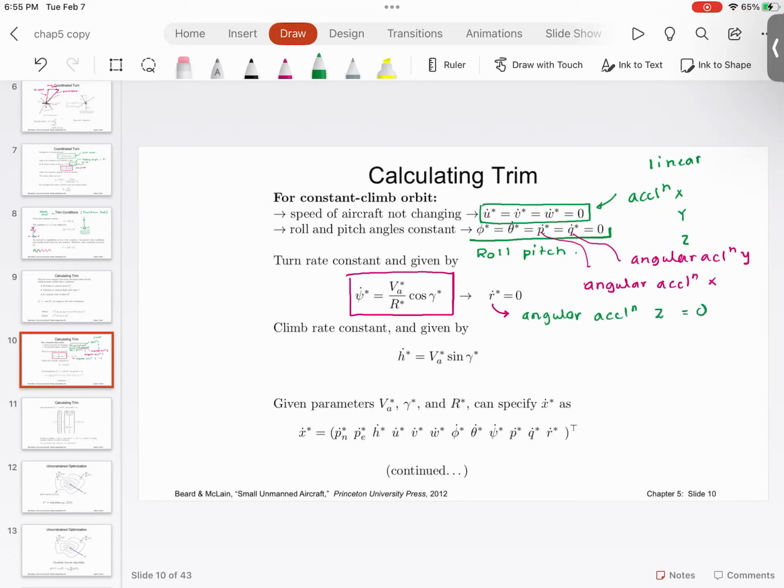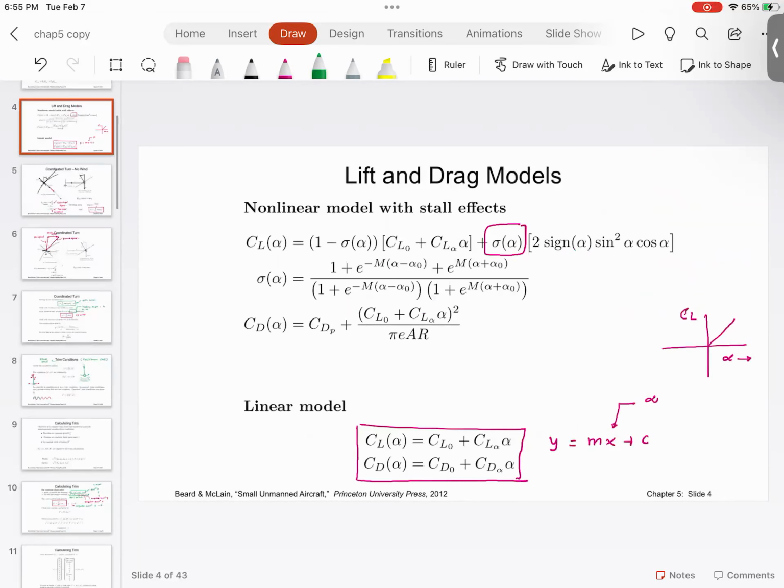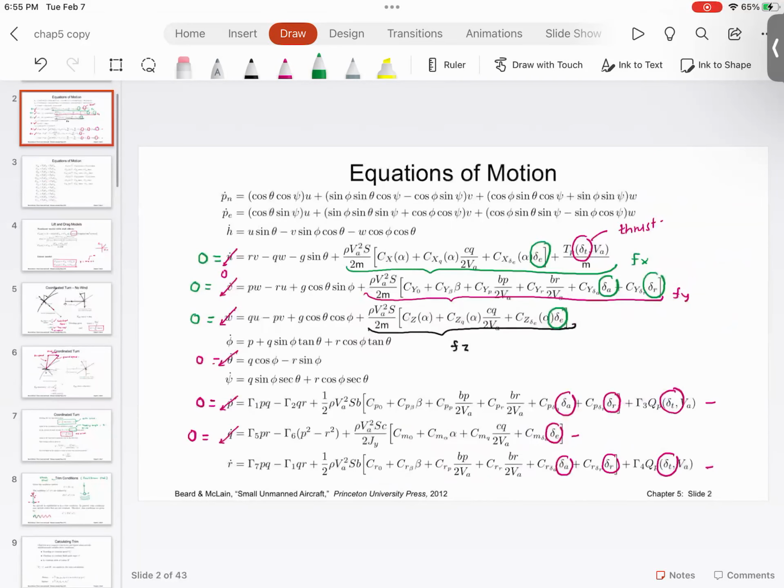So if I want turn rate constant, then this equation becomes 0.